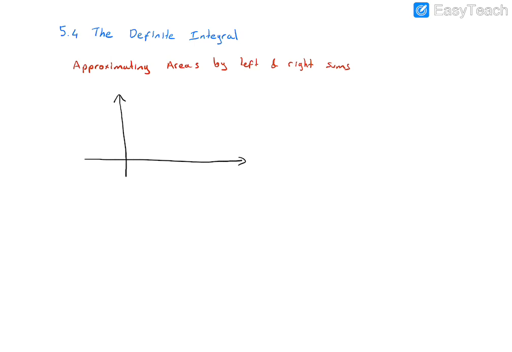For example, this is the graph of the function f of x equals 0.25 x squared plus 1, when x changes between 1 and 5. Let's say this is 1, this is 5.